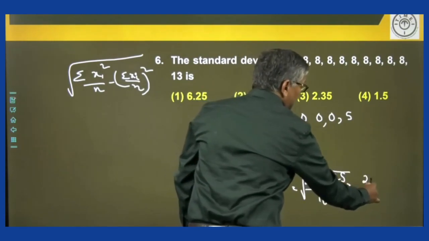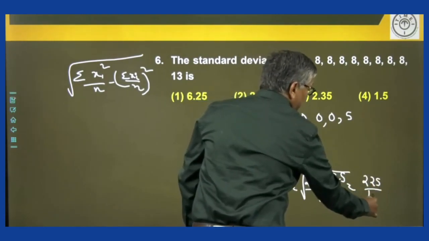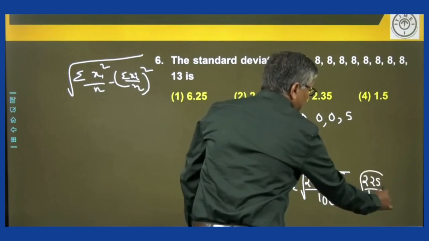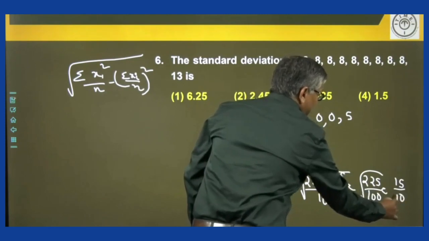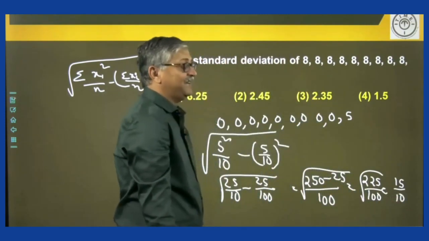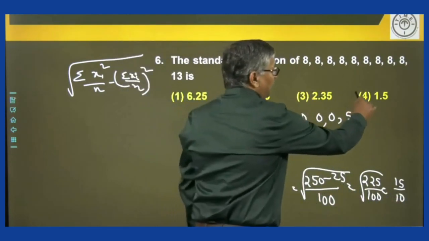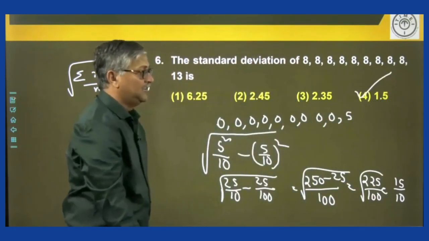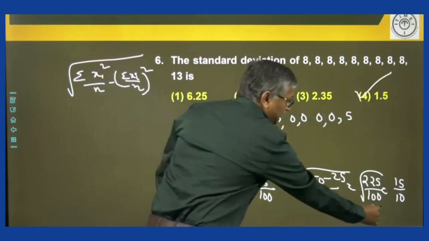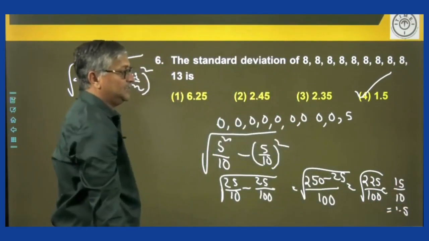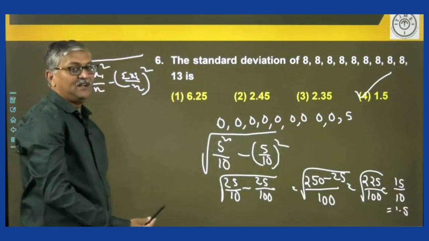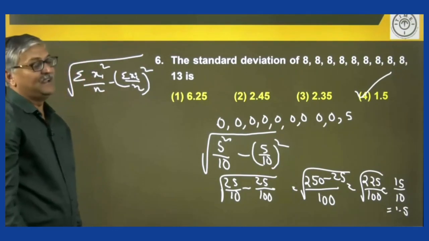So what is this value? 225 by 100. We know that the square root of 225 is 15, and the square root of 100 is 10. So 15 by 10 is nothing but 1.5. Okay, now 15 by 10 is how much? It is 1.5. So this is the way to calculate the standard deviation.